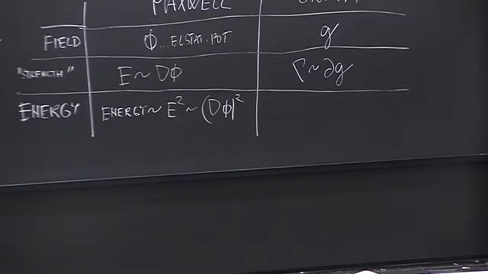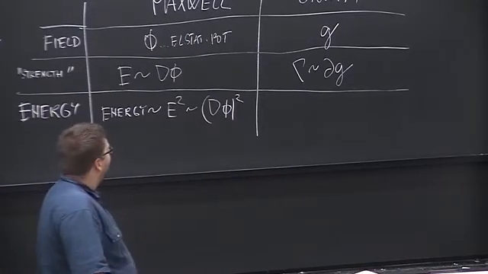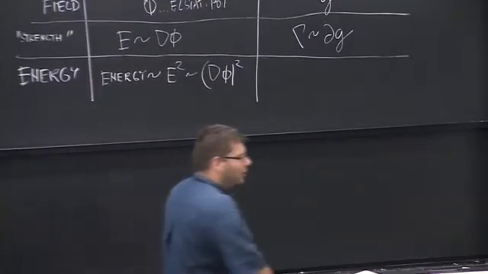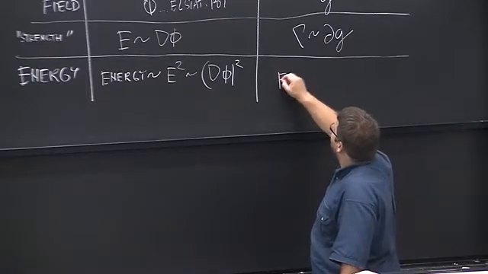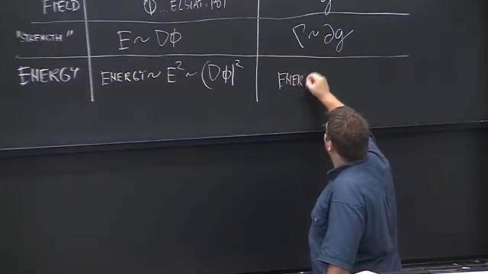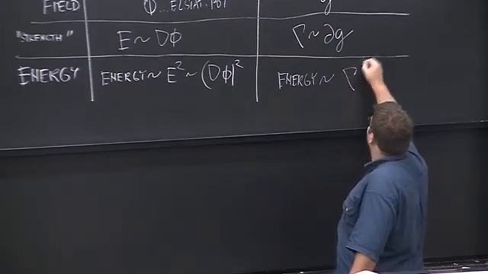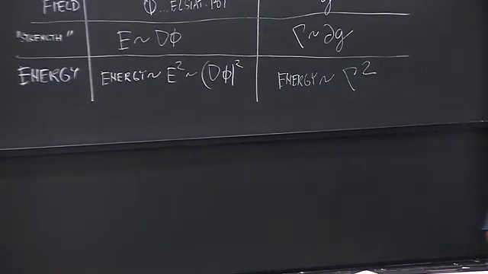That's the energy of the electromagnetic field in the static case. Now, by drawing this analogy, the energy of the gravitational field is expected to be just gamma squared. Okay, so that's the energy.